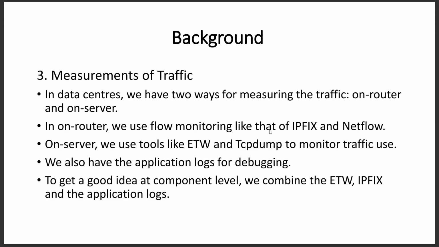On the other hand, on-server measurements use tools like TCP dump for Linux and Event Tracing for Windows, which is ETW, to monitor the traffic usage of all the processes on a server.